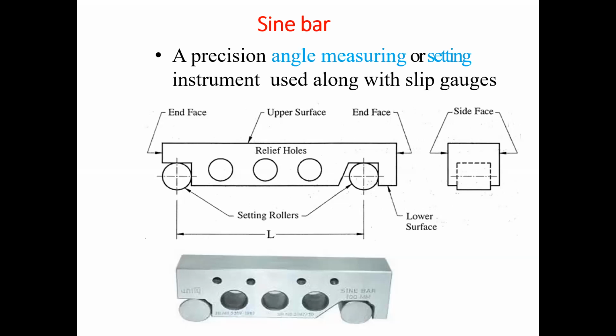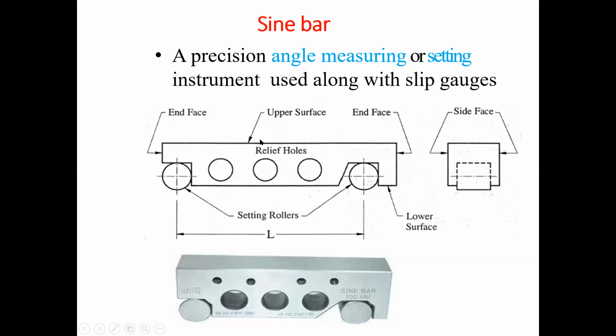If you observe, what are the different components of this sine bar? End faces are there, upper surface, and relief holes are provided here. Two identical rollers, having identical diameters and true roundness, are there, and the side face, and the lower surface.